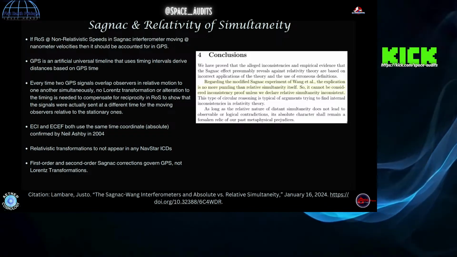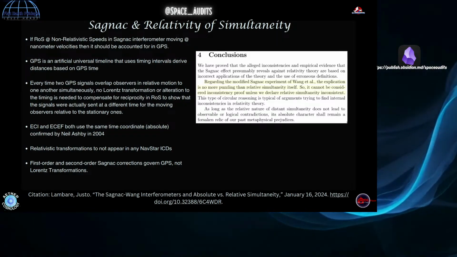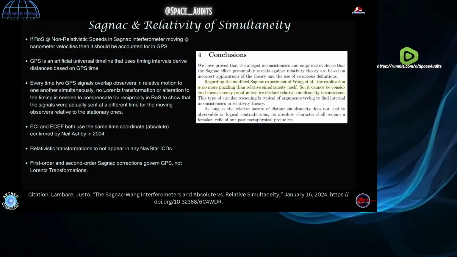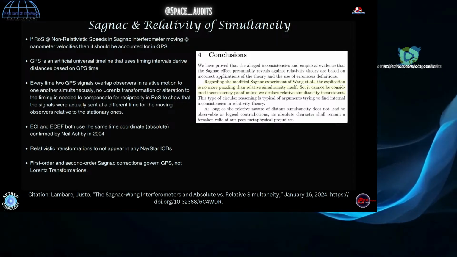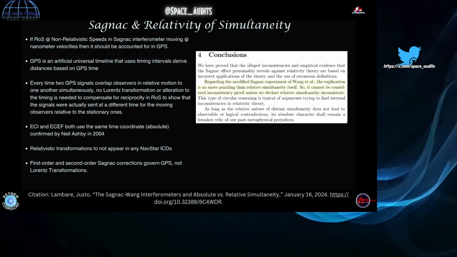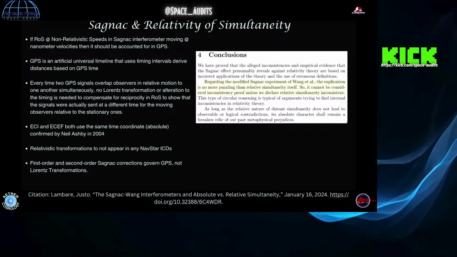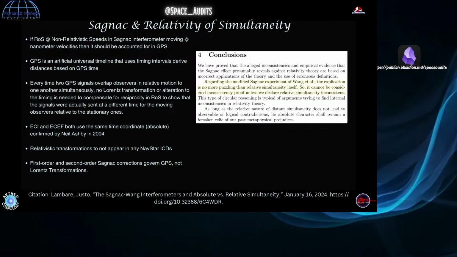And so if relativity of simultaneity were true, then the simultaneous event of when the signals are sent to the observers that are in motion relative to one another would actually be sent at a different time, and you would have to come up with some sort of correction to account for relativity of simultaneity.